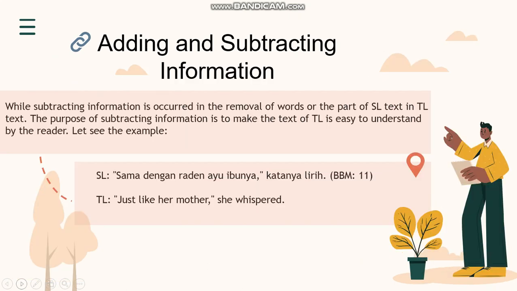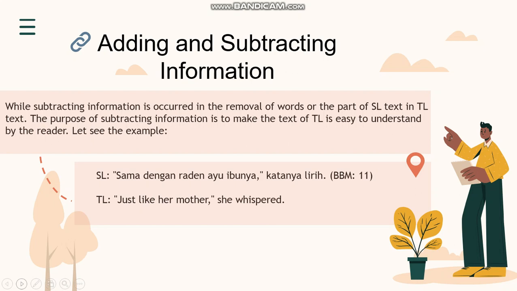Next, how about subtracting information? Subtracting information occurs in the removal of words or part of the source language text in the target language text. So the purpose of subtracting information is to make the text of the target language easy to understand by the reader.